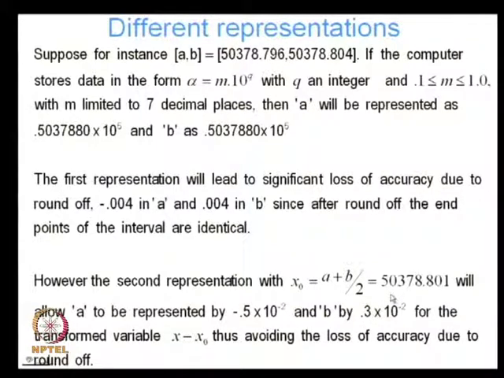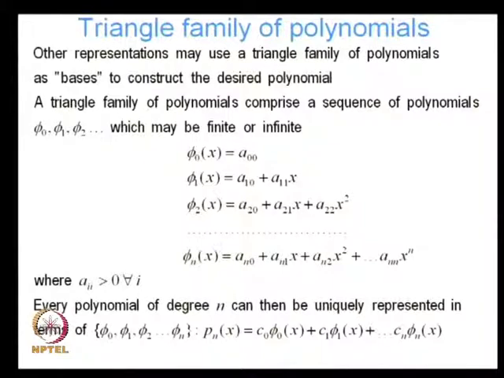So, now I have an exact representation, and I have not lost any accuracy. For the transformed variable x minus x0, these are my endpoints in the interval, thus avoiding the loss of accuracy due to round off. So, the way we choose to represent the polynomial is also very important in terms of accuracy.